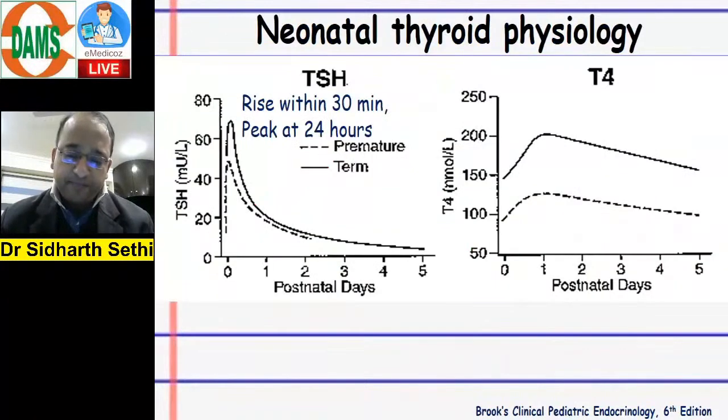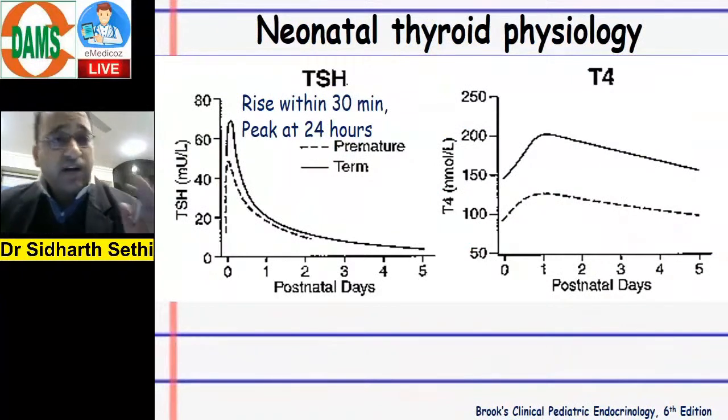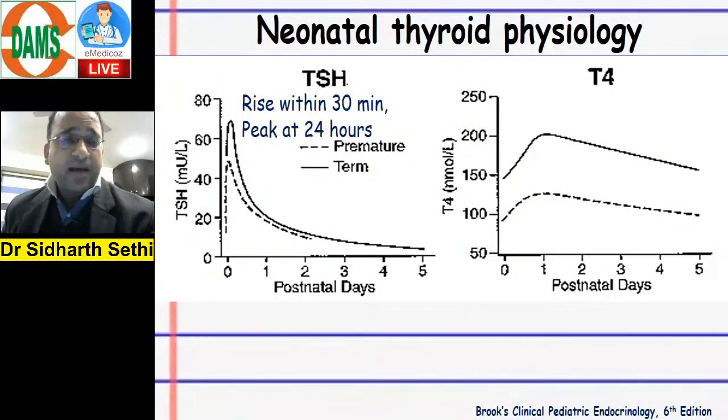Now, as soon as a child is born, what happens to the TSH? As soon as a child is born, he is exposed to a cold world. He was comfortable in utero, and suddenly he's exposed to a cold environment, cold people.